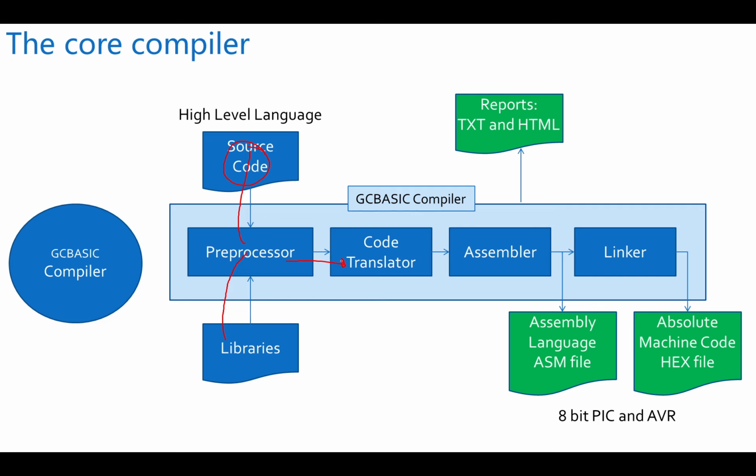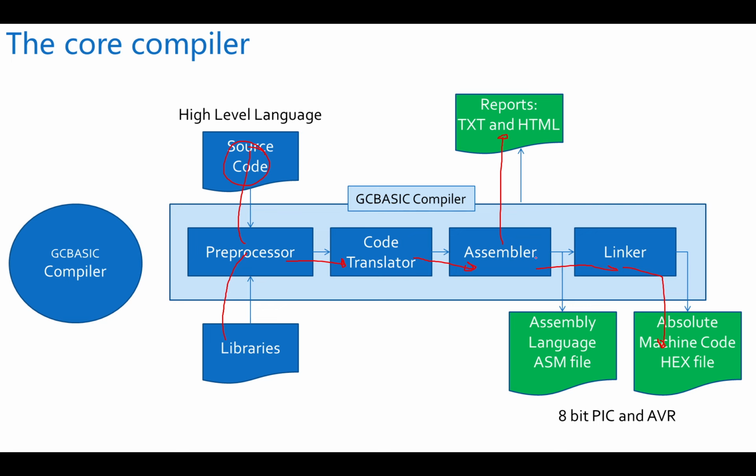The source code could be assembler, it can be GCBASIC, but the code translator ensures it's all syntax correct. Goes into an assembler that's part of the toolchain, goes into a linker, and then it outputs a machine code specific hex file. On the way, it produces some reports and some text files and a CDF file, stuff you can have a look through to see what's happened.